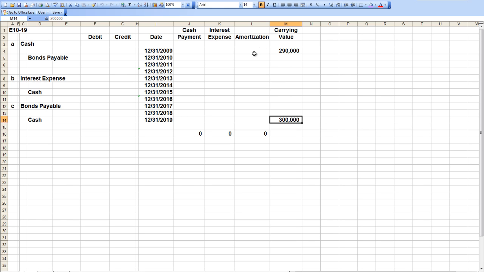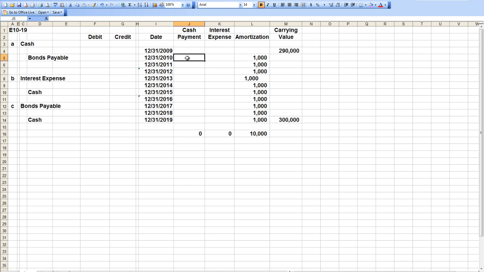Because these are 10-year bonds, the amount that we're going to amortize each year is going to be $1,000. What we mean by amortize is we're going to add $1,000 of carrying value to that bond every year for 10 years, and that's going to cause the carrying value to go from $290,000 up to $300,000.